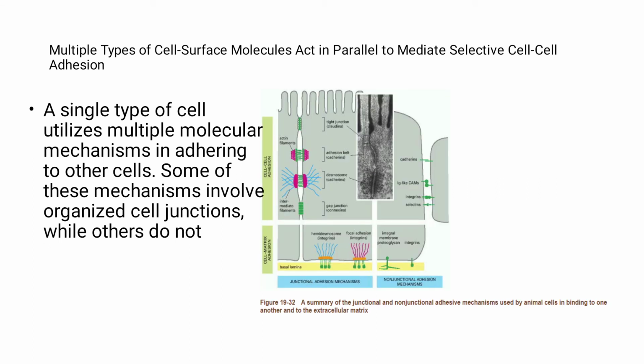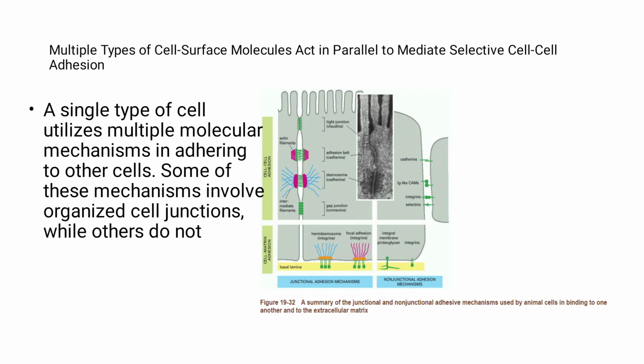In this figure, it shows the summary of the junctional and non-junctional adhesive mechanisms used by animals in binding to one another and to the extracellular matrix. The junctional mechanisms are shown in epithelial cells, while the non-junctional mechanisms are shown in non-epithelial cells.